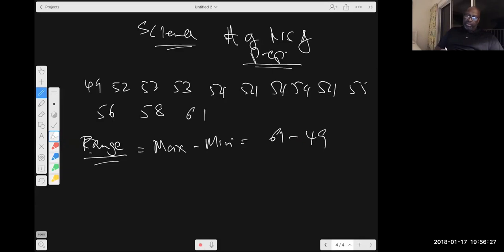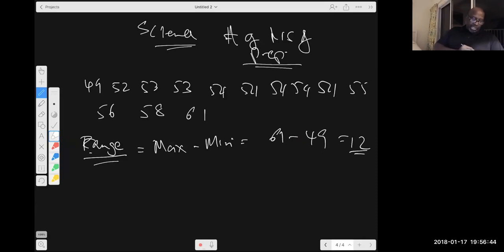That gives us 12, right? So that's our range. And like I said, sometimes it's possible that we have extreme values, but not a lot of variability in the middle.